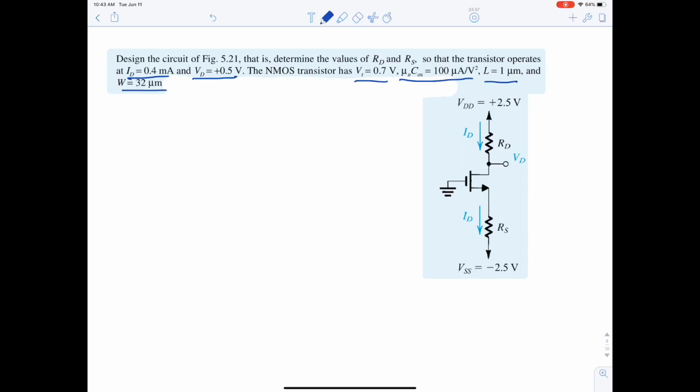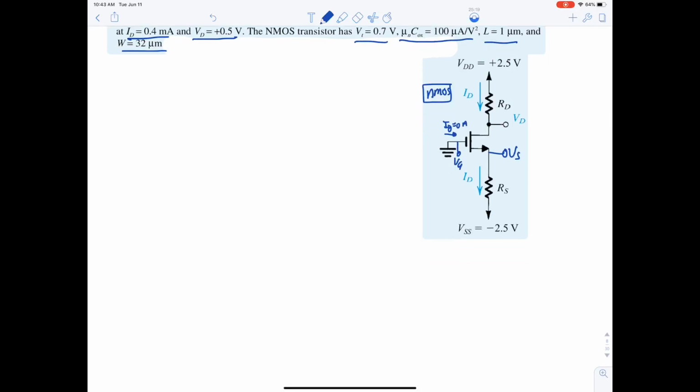Okay. So the first thing that you have to do is decide the type of the MOSFET. So this is NMOS, and then we have to label. So this is VD, this is VS, ID, and IG is 0. And this is VG, okay?